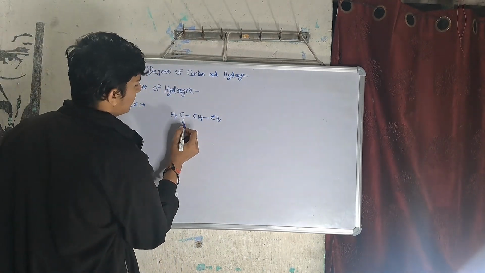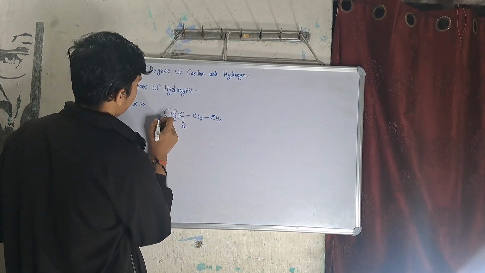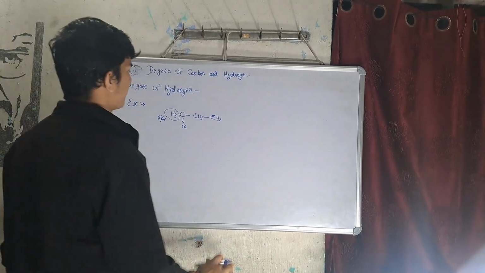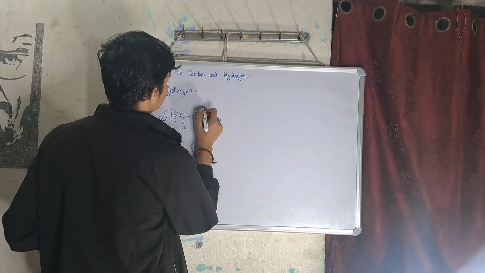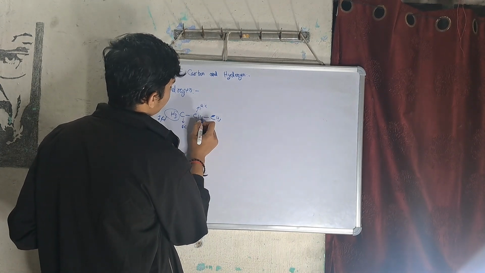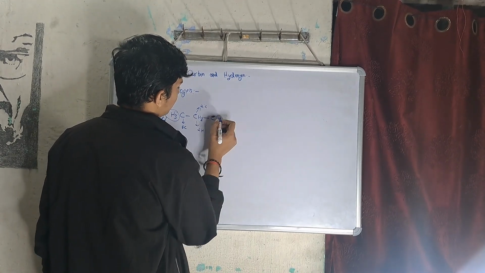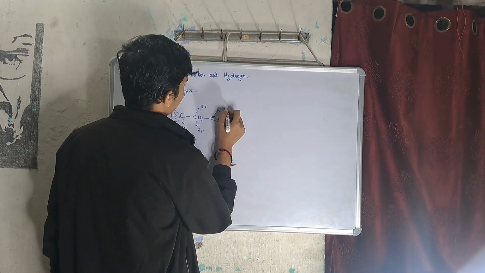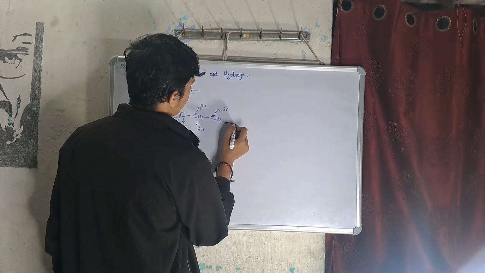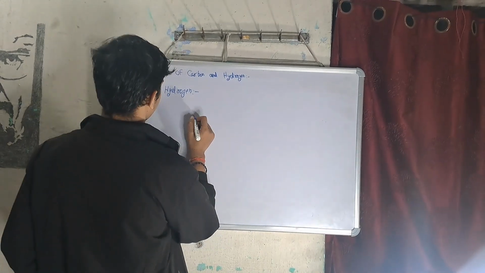By the definition of 1 degree hydrogen, this is a 1 degree hydrogen. This carbon is 2 degree carbon, and the hydrogen which is connected to this carbon is also 2 degree hydrogen. This carbon is 1 degree carbon, and the hydrogen present at this carbon is 1 degree hydrogen.